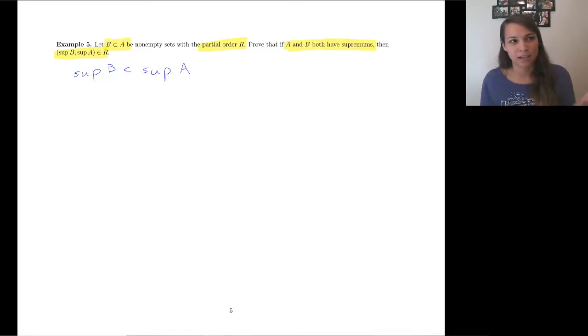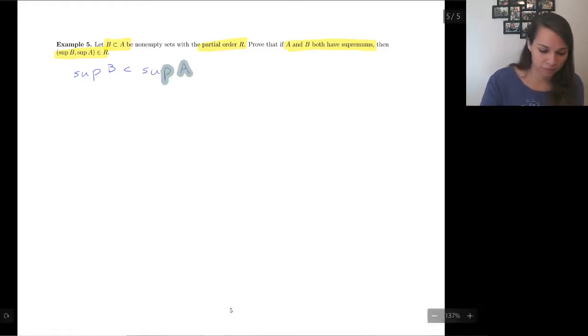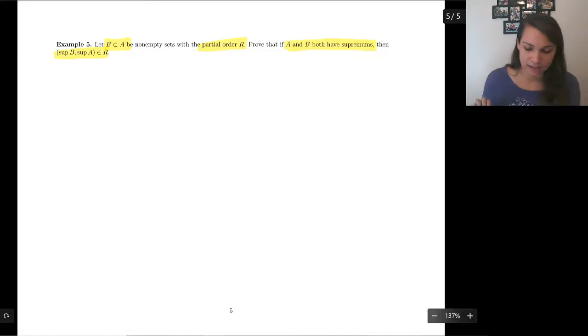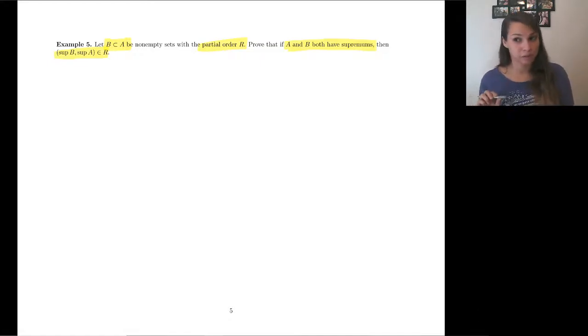If B is contained in A, of course, whatever the supremum of A is going to be bigger than B. I can see that. Okay, but I did not say that was the partial order that we were using on these sets, so we're not going to actually have it on our page.